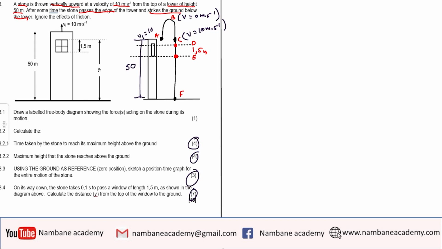Question 8.1 says: draw a labeled free body diagram showing all the forces acting on the stone during its motion. Now, ladies and gentlemen, we are working with a projectile.